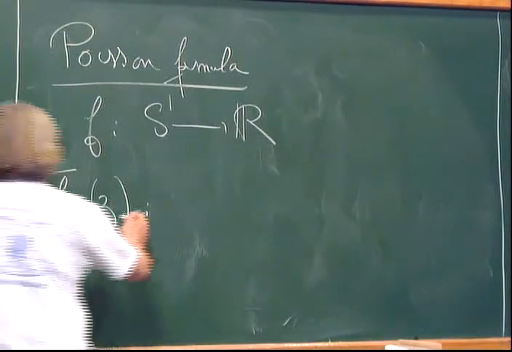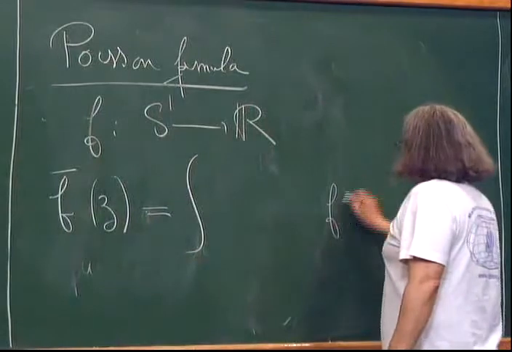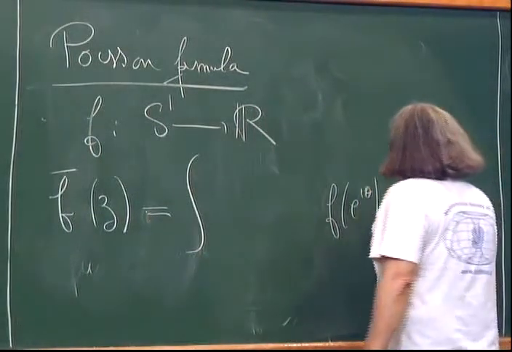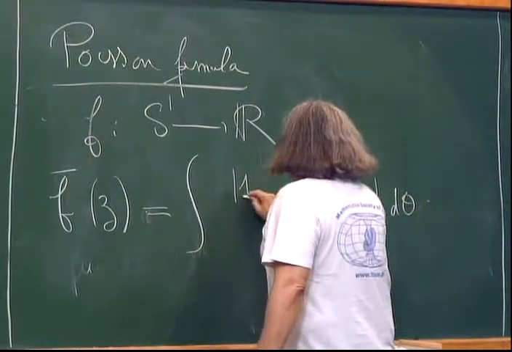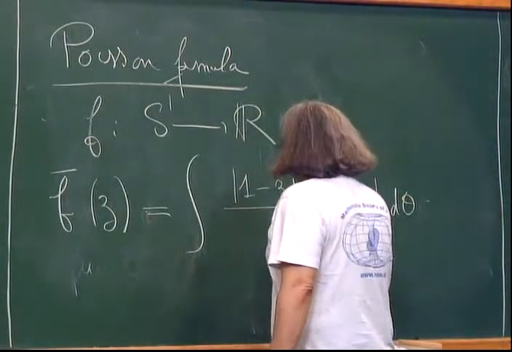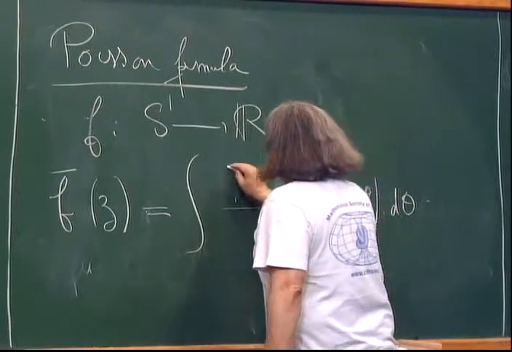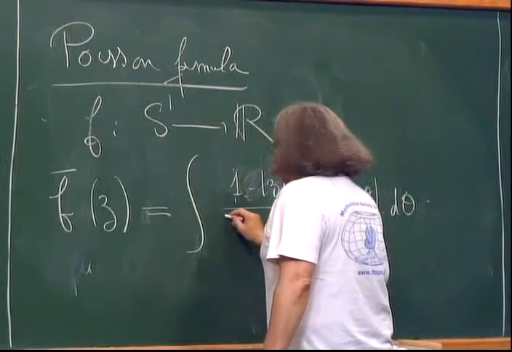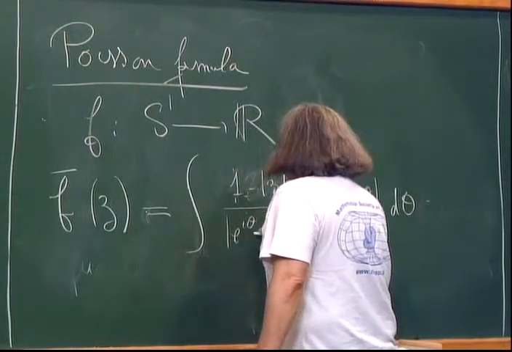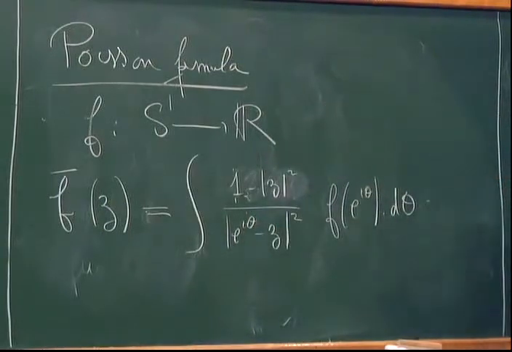So you define this. And here you put 1 minus modulus of Z squared, and here you put exponential. Here it is.